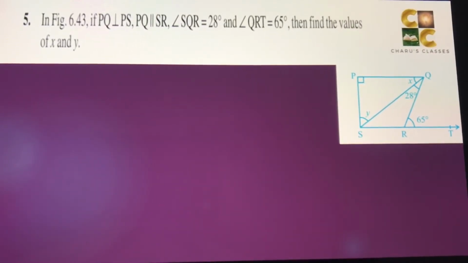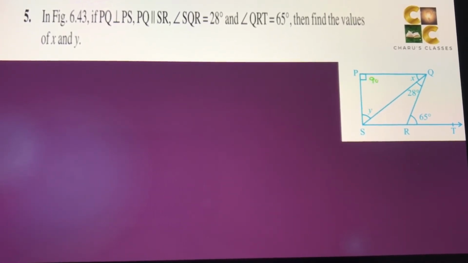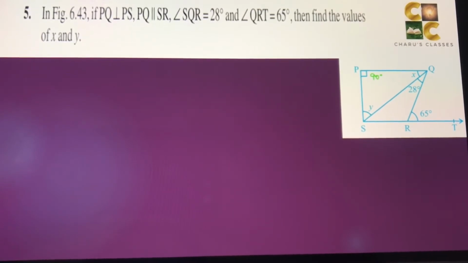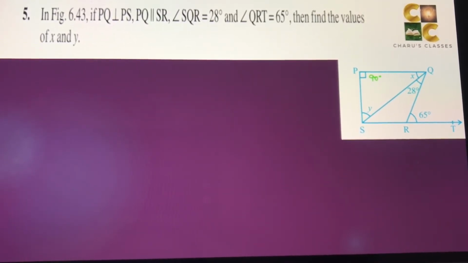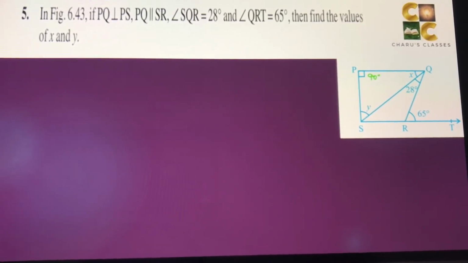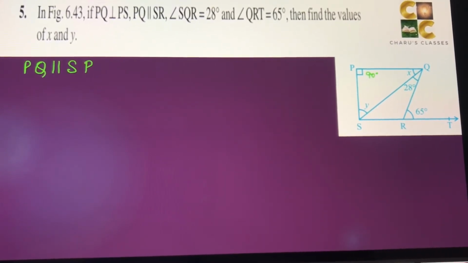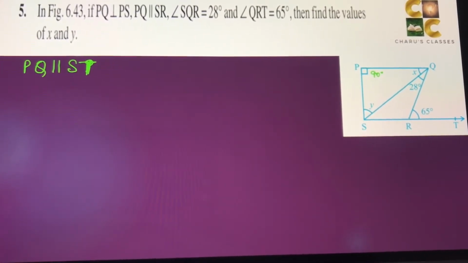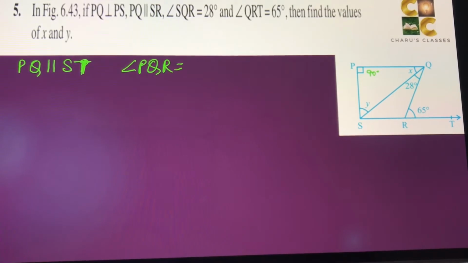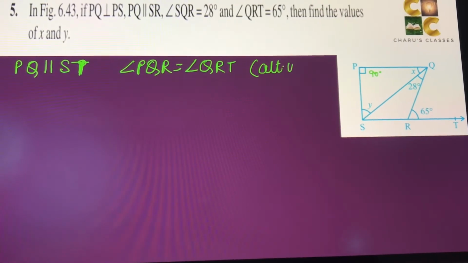Question number 5. In figure 6.43, if PQ is perpendicular to PS, that is this angle is 90 degrees, PQ is parallel to SR, angle SQR is 28 degrees, angle QRT is 65 degrees, then find the values of X and Y. Now since PQ is parallel to SR or ST, I can write that my angle PQR should be equal to my angle QRT because they are alternate interior angles.